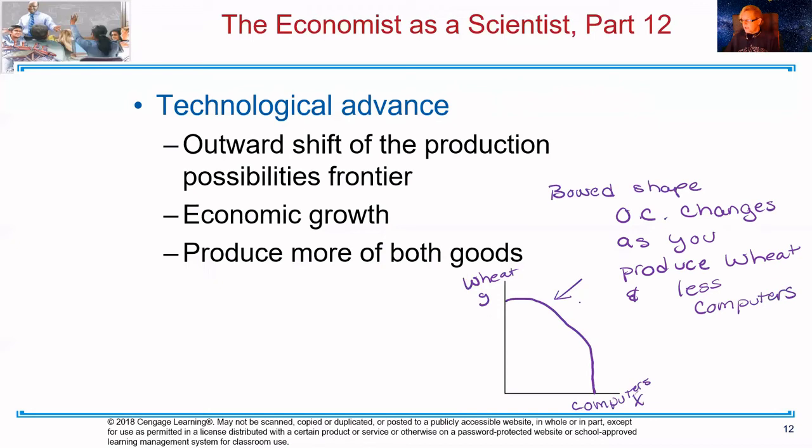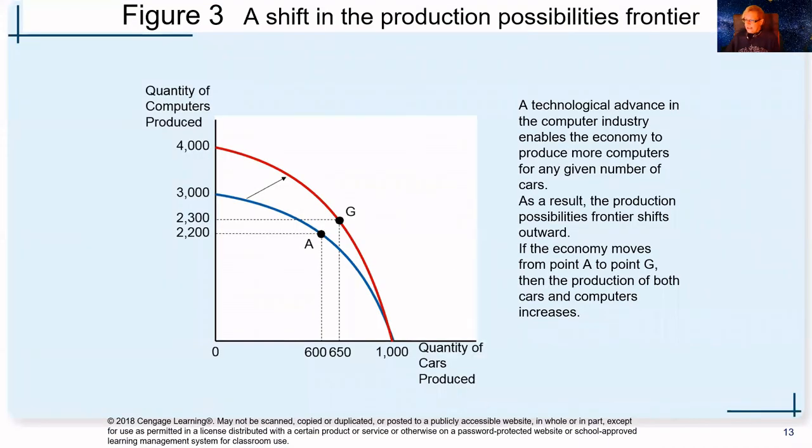This only happens in a bowed out shape where the opportunity cost changes. It's not a constant rate.